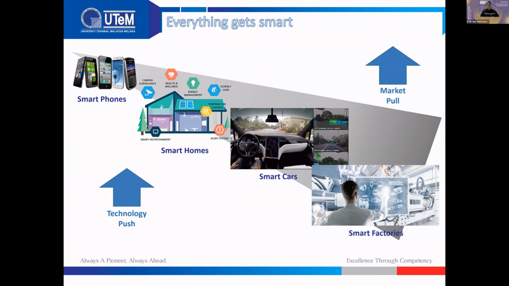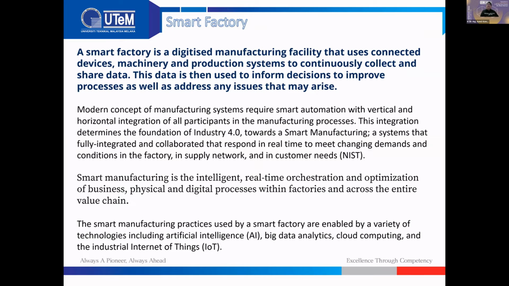So in order to have a smart factory, we need to know what exactly a smart factory is. And related to our topic today is smart manufacturing. What exactly is smart manufacturing? Let's take a look at a definition that I gathered from some of the sources.